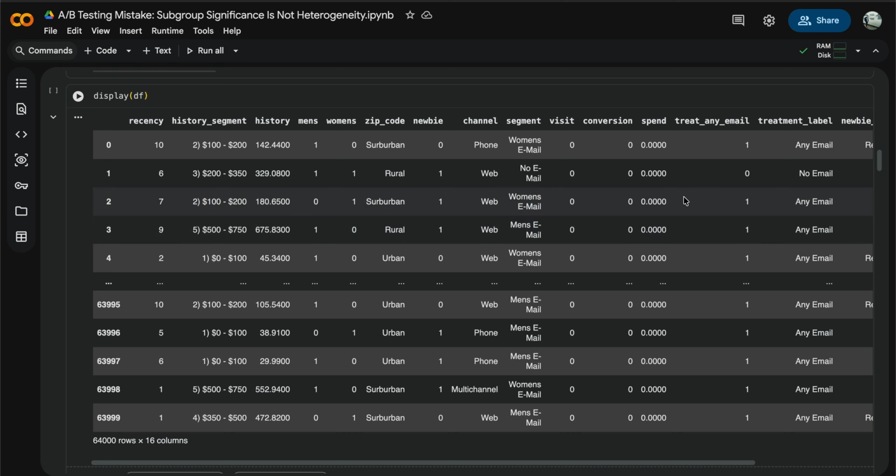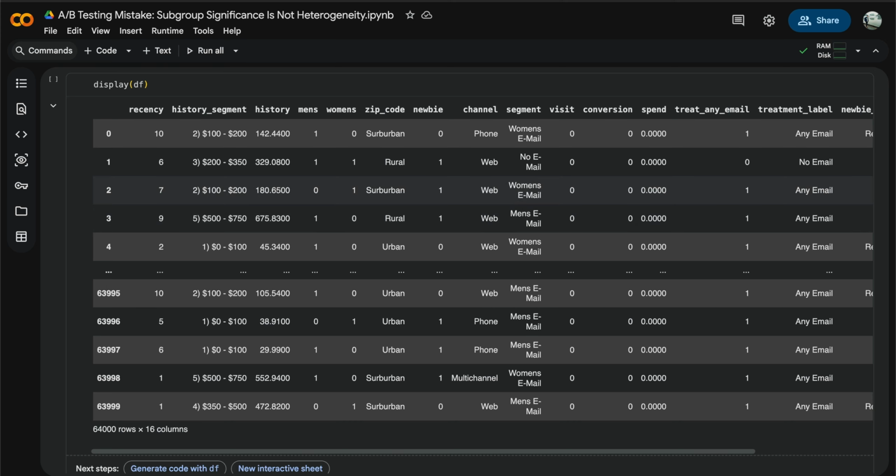So in this notebook, I'm going to use a real randomized email marketing experiment. Customers were randomly assigned to receive no email, a men's email, or a women's email. For simplicity in this walkthrough, I combine the two email groups into one treatment, any email versus no email.